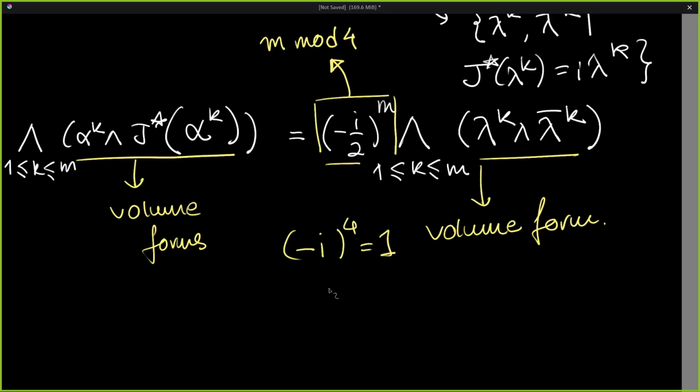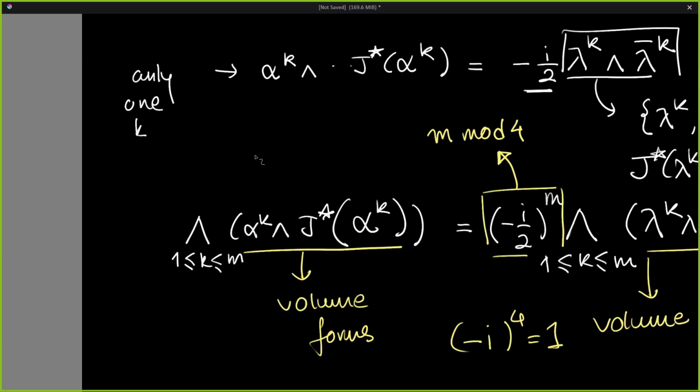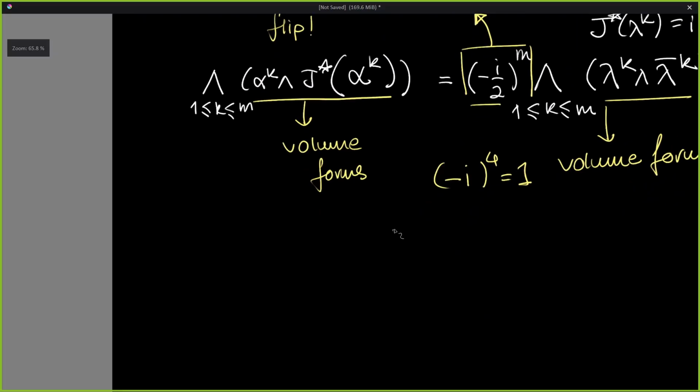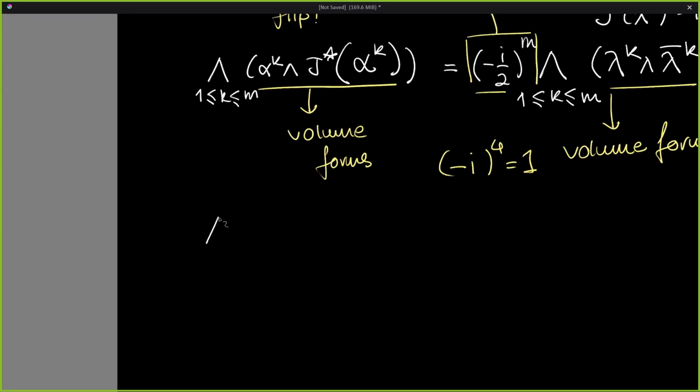So there are 4 different values that this can take: minus i, plus 1, minus 1. We're going from the real space into the complex space, and this is not necessarily positive. So it's possible for some bases that this will flip. So there's a flip here.